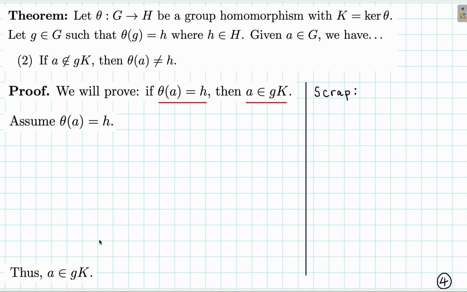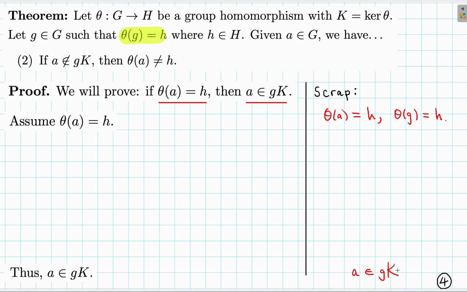Now, before we fill in the rest of the proof, let's do some scrap work on the side. So we already know that theta of a is equal to h. And we also know from the given information that theta of g is equal to h. So those should come in handy in our proof. And our goal is to show that a is an element of the coset gK.